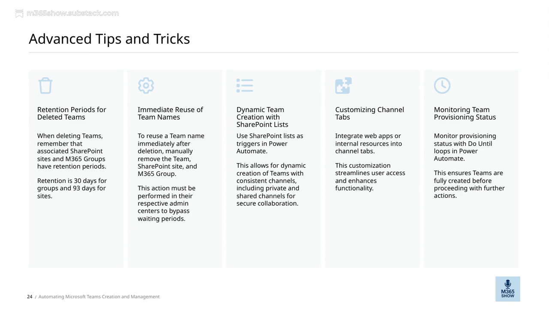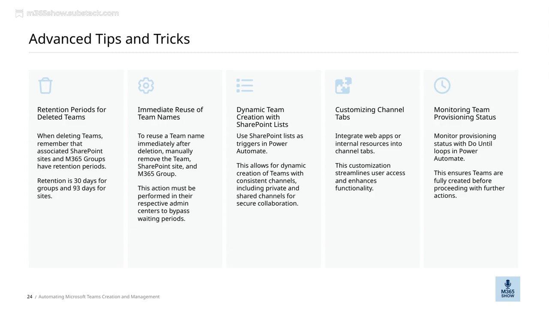Another powerful feature is using SharePoint lists as triggers in Power Automate. This allows us to dynamically create teams with consistent channels, including private and shared channels, which is essential for secure collaboration. If you need to reuse a team name immediately after deleting it, there's a manual step involved.